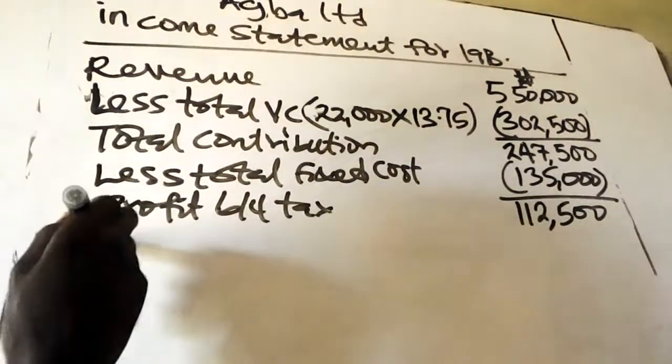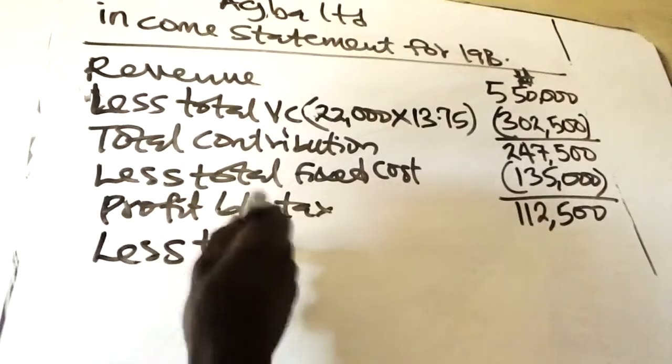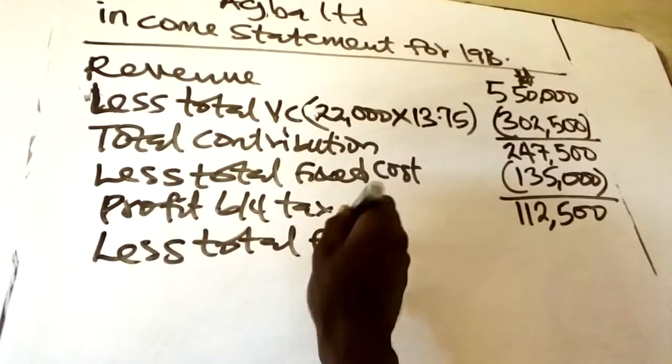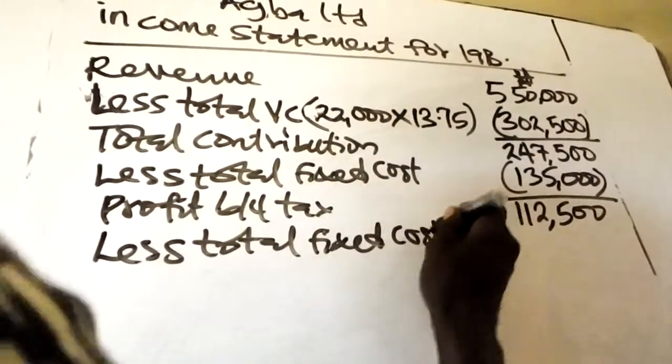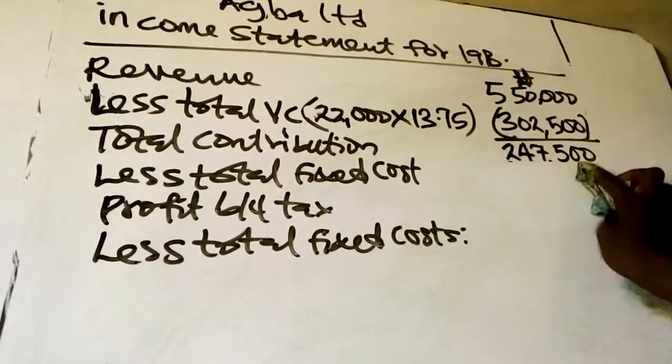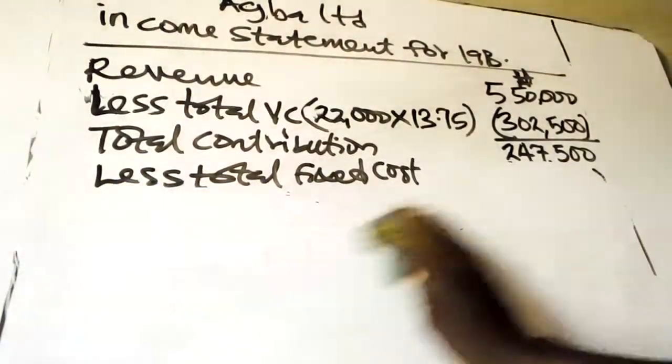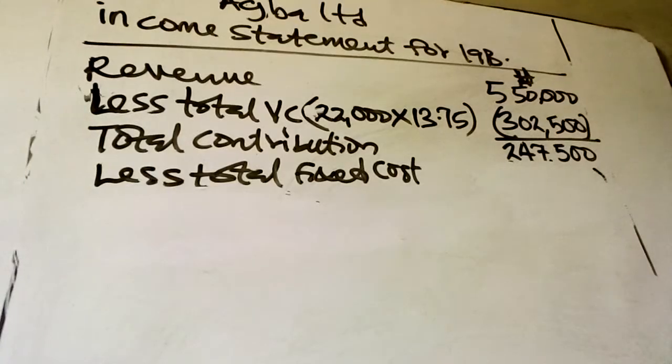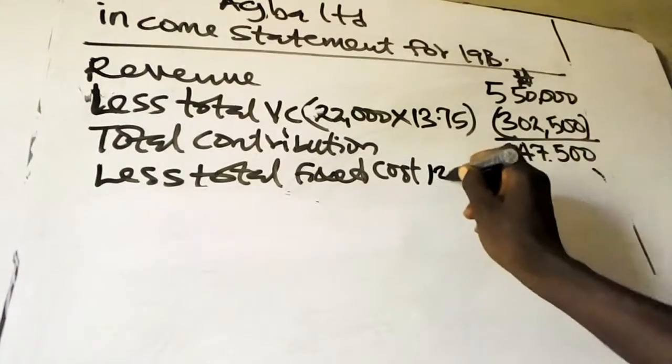You now less total fixed cost. We have deducted the fixed cost. So our initial fixed cost was 135,000.